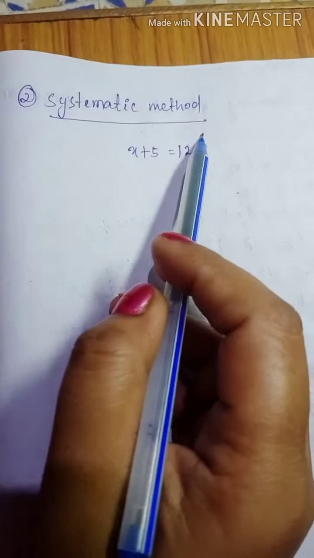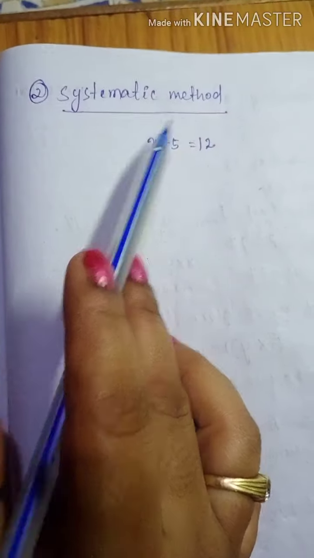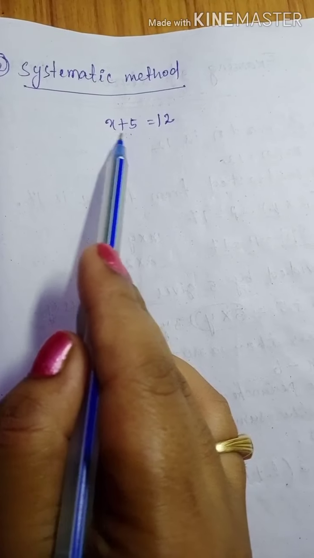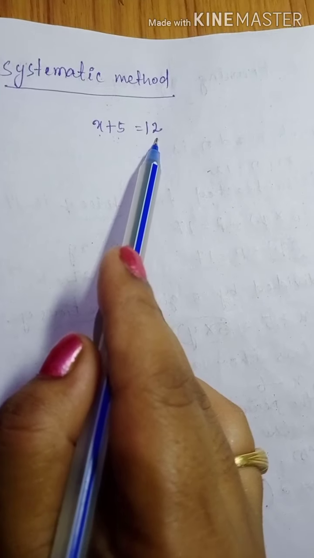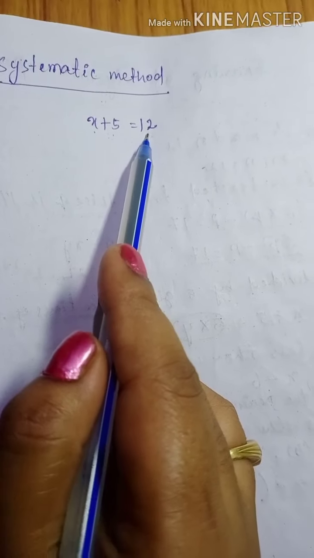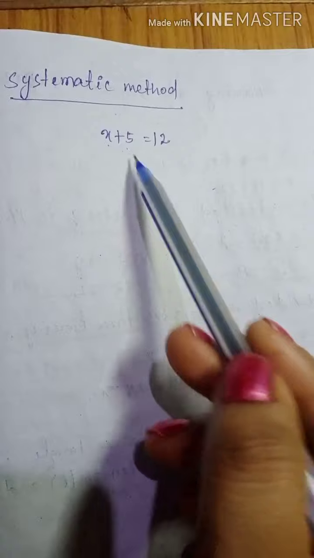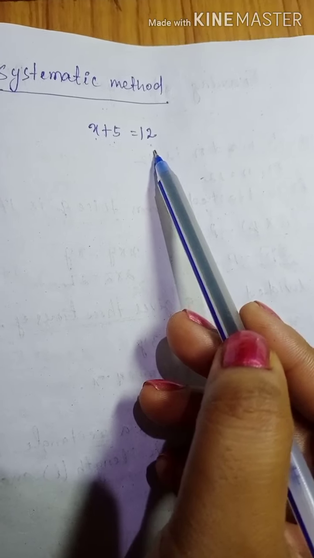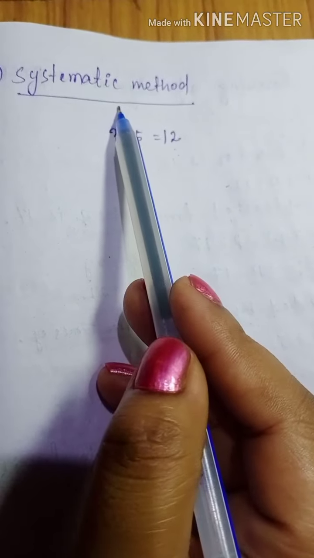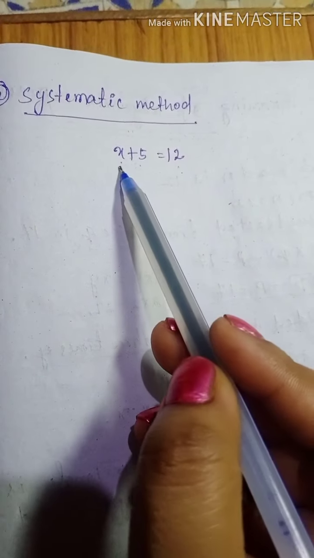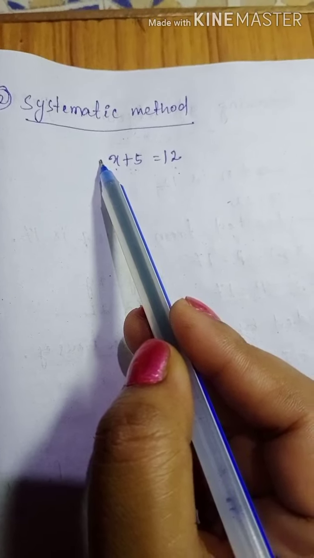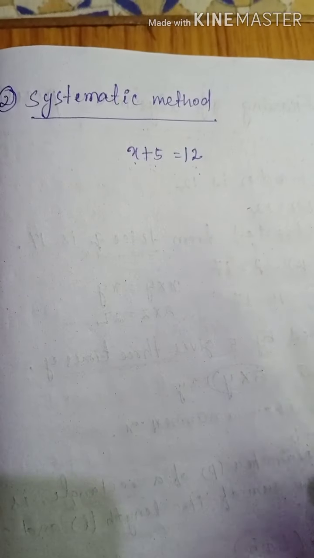So dear students, the second method is the systematic method. What was the first method? We were just putting different values for the variable and trying to make both sides equal, meaning LHS should equal RHS at that point. But in this method, we will get the value of x, or the variable, in an easy way without checking one by one.